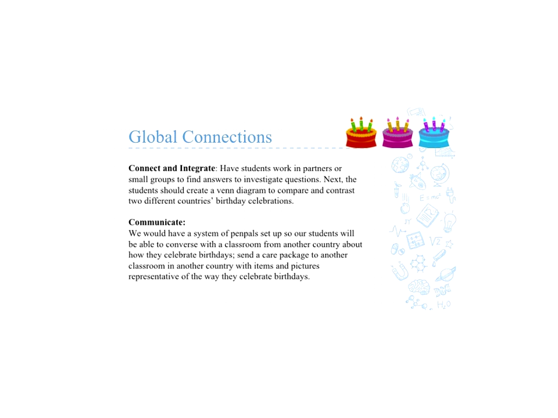One way that we really thought would engage students to communicate would be a system of pen pals set up so that they could converse with other countries' classrooms about how they celebrate birthdays. And at the end of our unit, we would probably send a care package to a classroom in another country with items showing how students in the United States celebrate their birthdays.